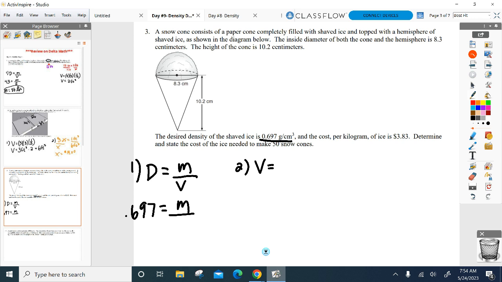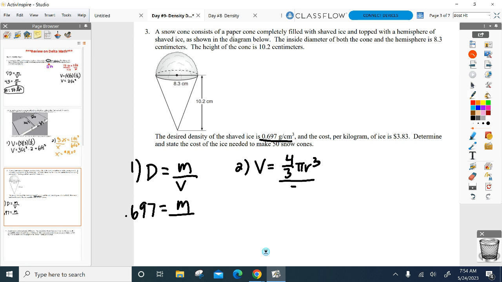That's half a sphere, right? So what's the formula for a sphere? Pi r cubed.